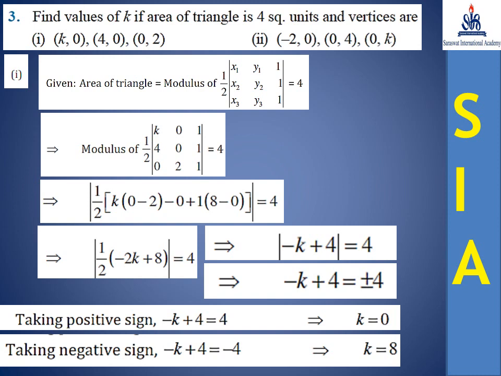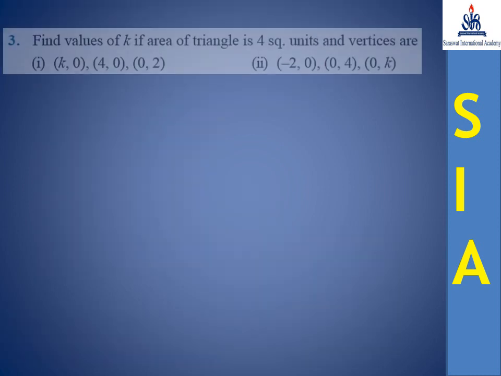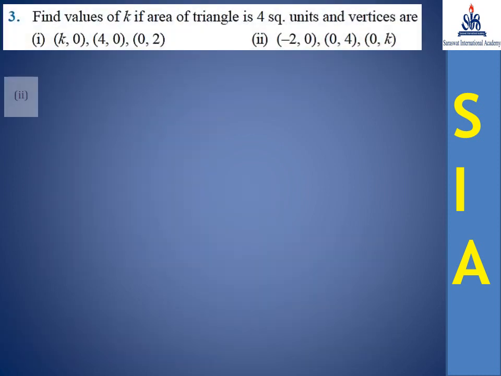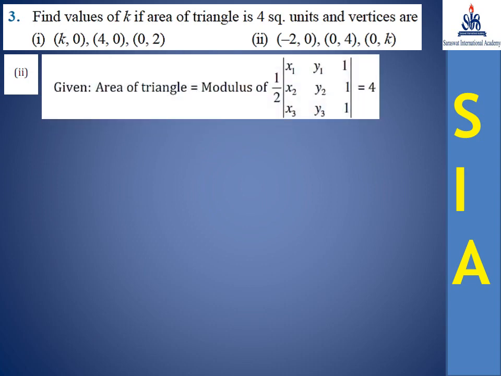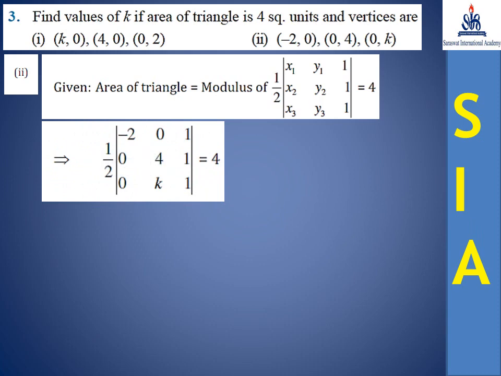Now I move ahead. Question number 3, second part. Same calculation: apply the area of the triangle, half of the determinant with rows x1 y1 1, x2 y2 1, x3 y3 1, equal to 4, already given. Putting the values (x1, y1) = (minus 2, 0), (x2, y2) = (0, 4) and (x3, y3) = (0, k).